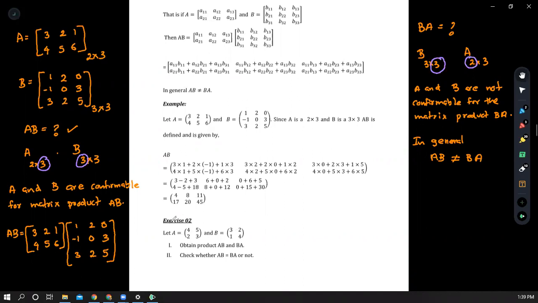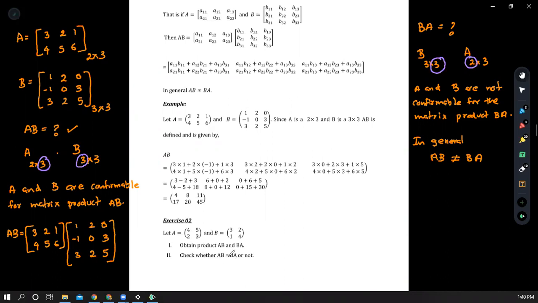And there is an exercise given for you. You can try this by yourselves. Here A and B are given as 2 by 2 matrices, both are 2 by 2, and you are asked to obtain the matrix product AB and matrix product BA. Even though we can obtain both products, you are asked to check whether these matrix products are equal or not.